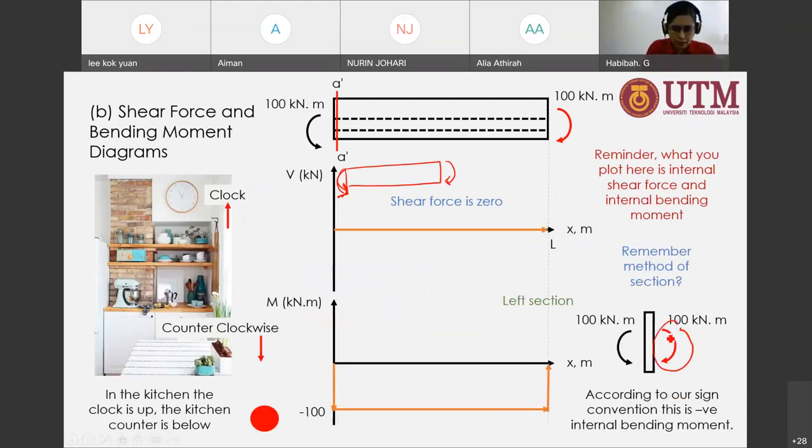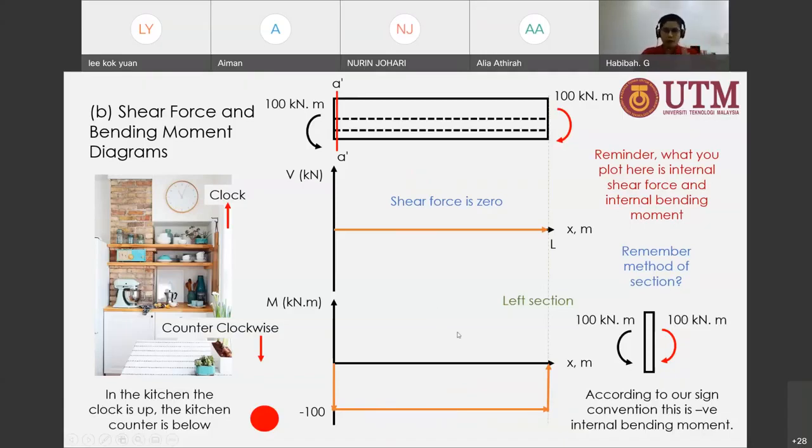So what you draw here are all internal bending moment diagrams, internal bending moment. Is this clear? I am not mad here. I just want you guys to really grasp this idea, because a lot of you ask me, thinking that what we draw is external. It is not external. It is internal.